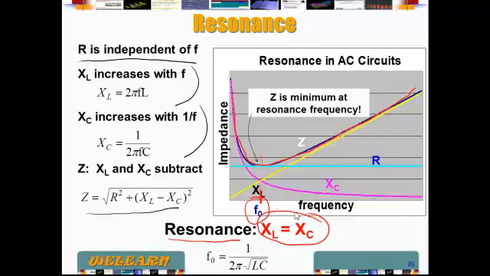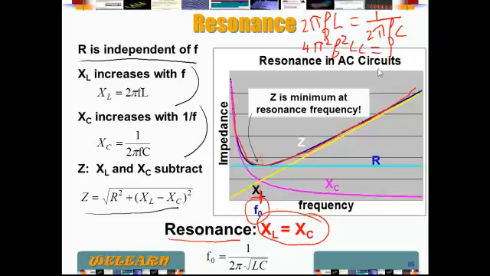So if we write it up, we are writing 2 pi FL is equal to 1 over 2 pi FC. And we are solving for that F. So moving the 2 pi FC to the other side, we have 4 pi squared F squared LC is equal to 1.